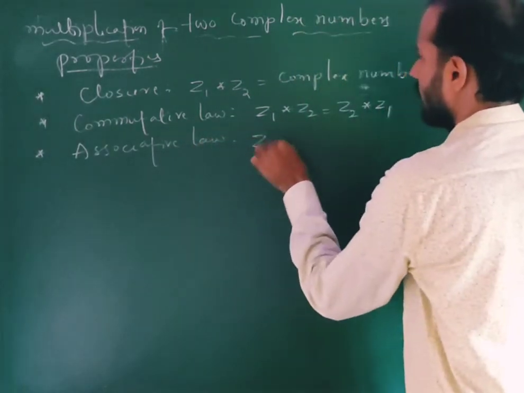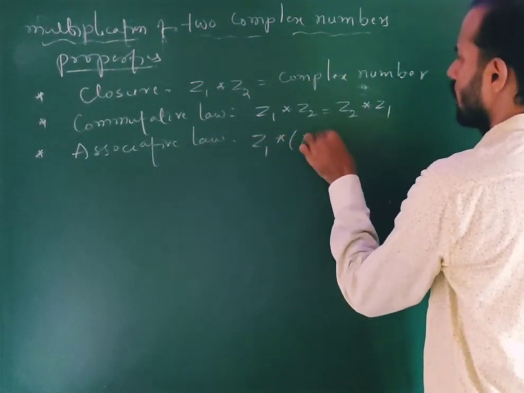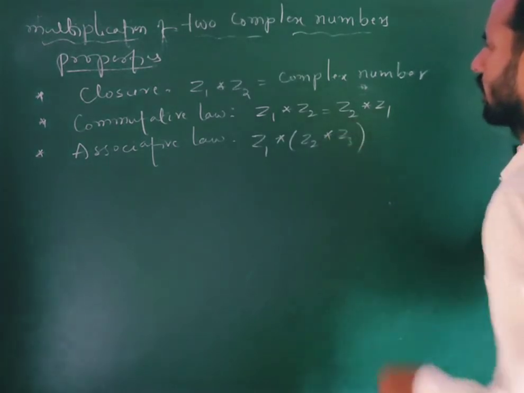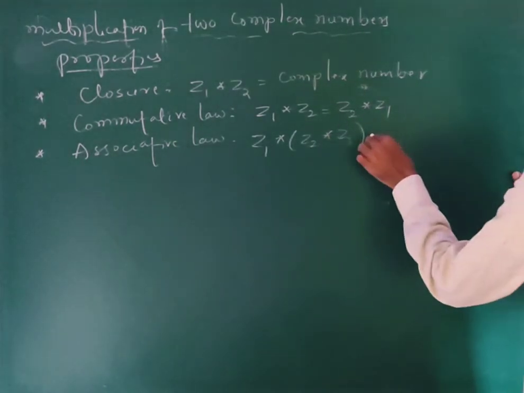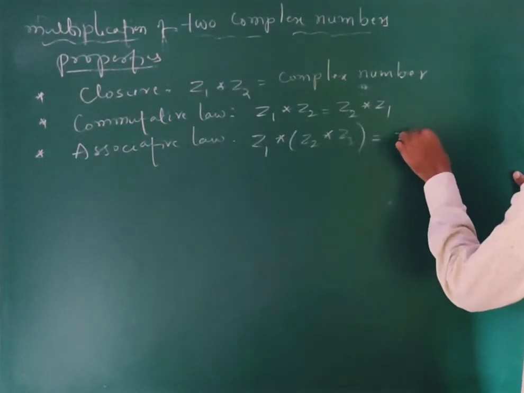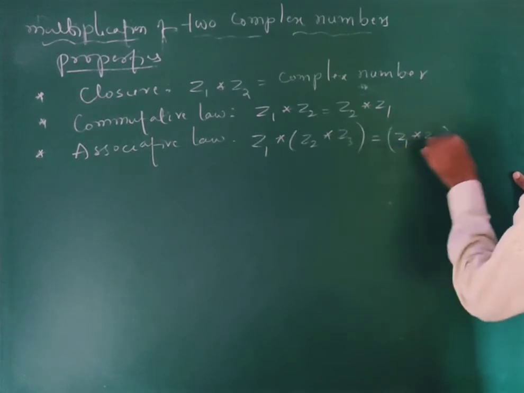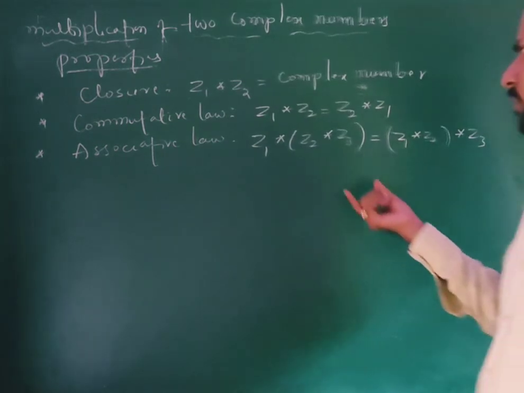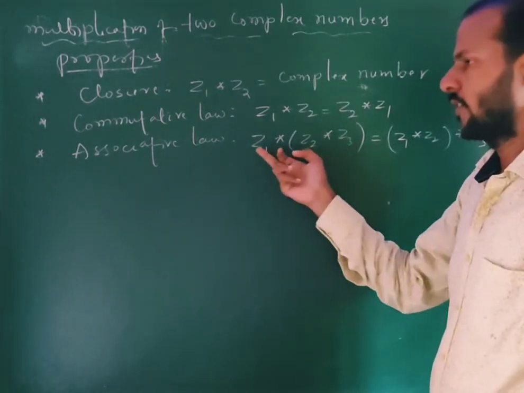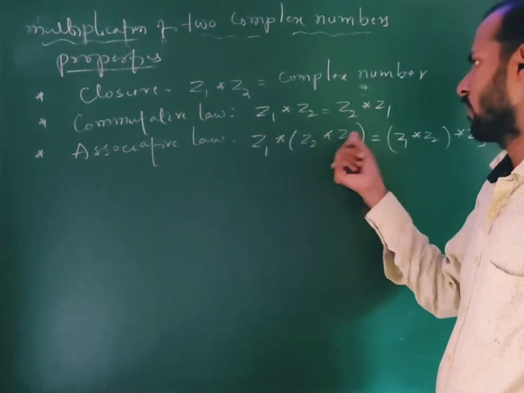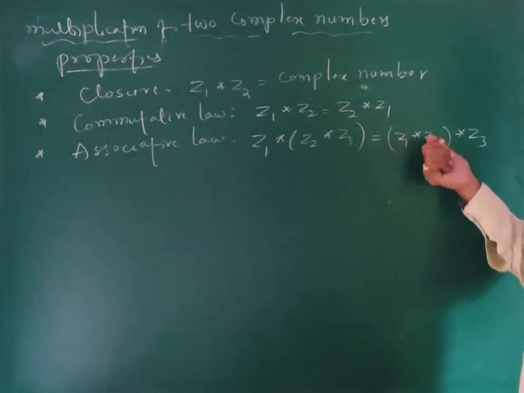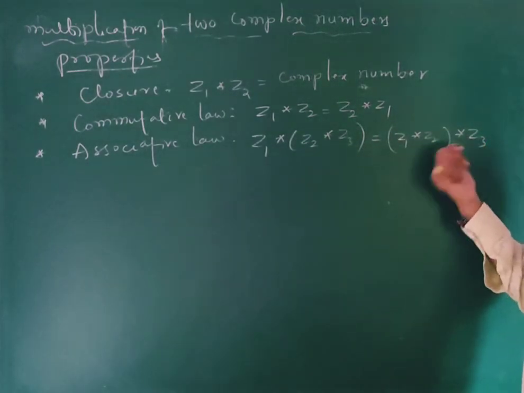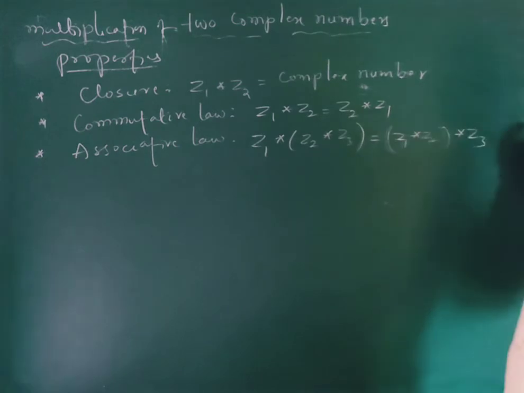It is nothing but Z1 into Z2 Z3. Here we consider three complex numbers. First Z1 Z2, then Z3. Here also just multiply the last two terms with the first term, and again after getting the solution, here the first two terms with the third. Therefore LHS equals RHS, we get the associative law.